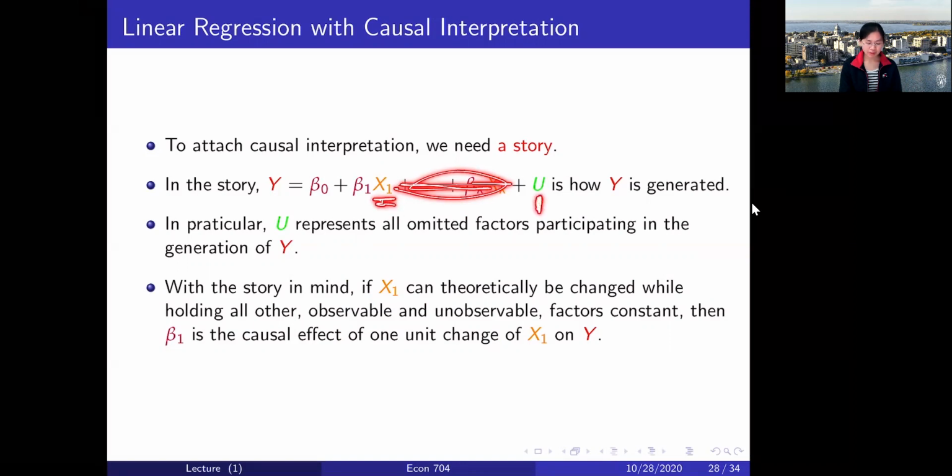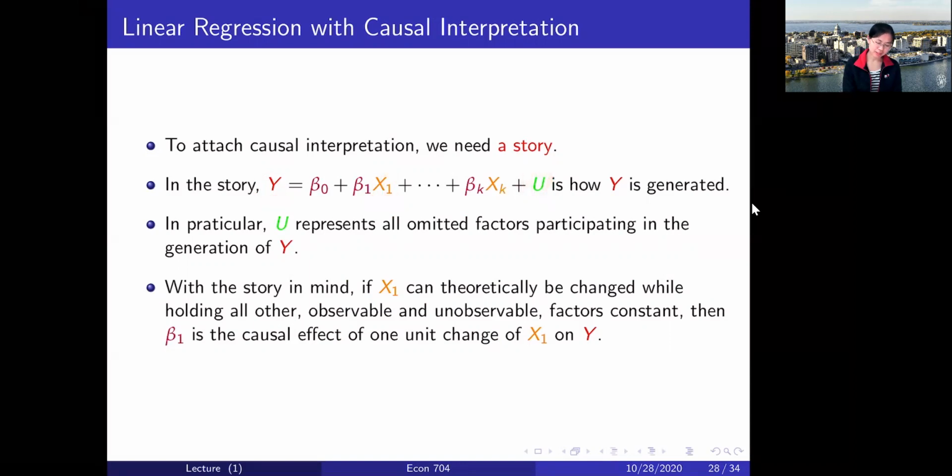In that equation, if you want to attach causal meaning to beta 1, you're going to need a story that tells people why you think the party affiliation of the governor is affecting y. And what are the other important factors besides party affiliation that also participate in the generation of y?